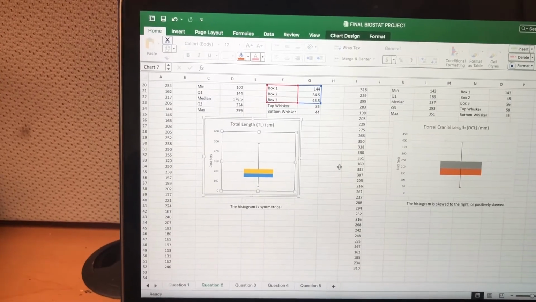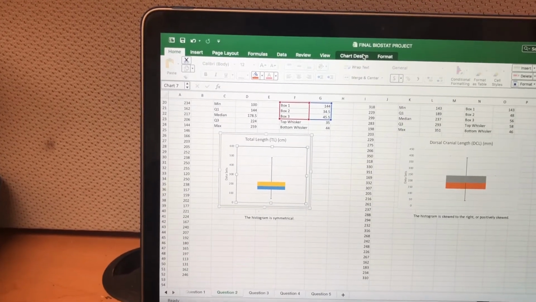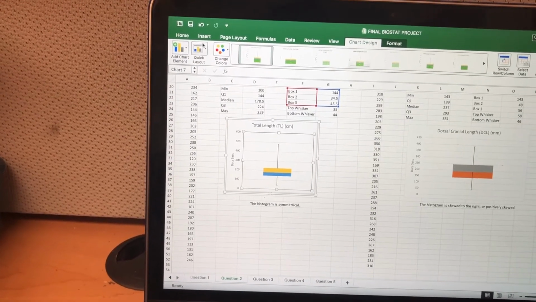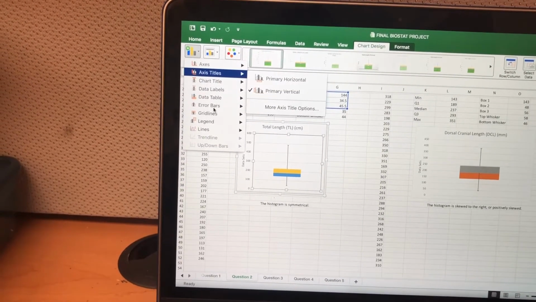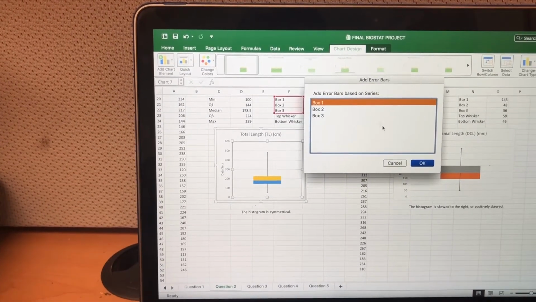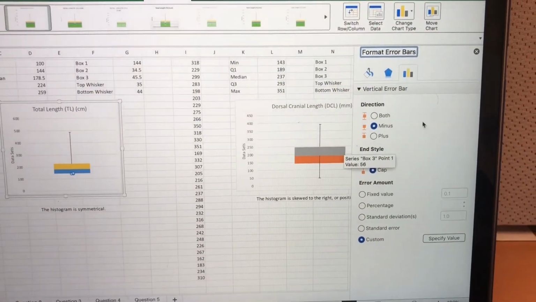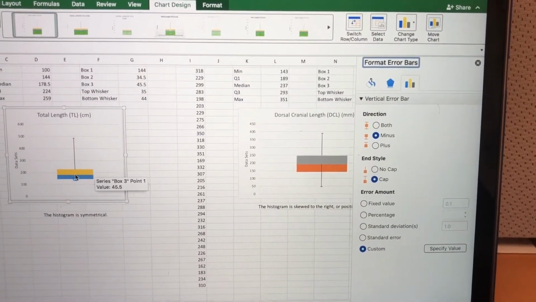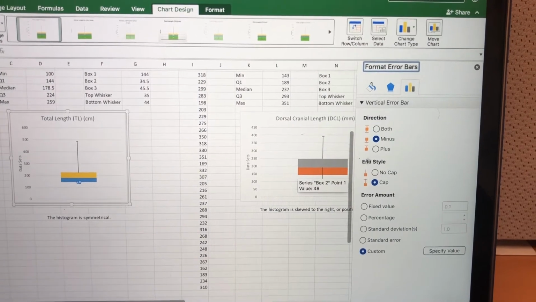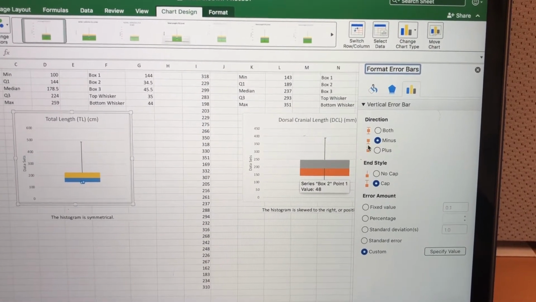And in order to add the whiskers, you have to go to the actual chart, chart design, add chart element, error bars, more error bar options. Okay, it's going to take you to this. For the bottom whisker, you're going to go to a minus, because that signifies the bottom whisker.